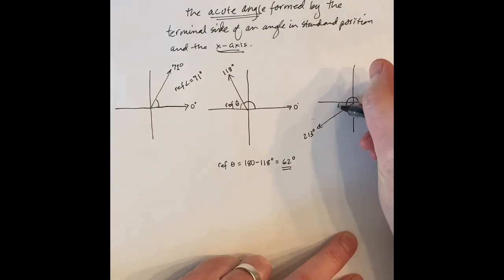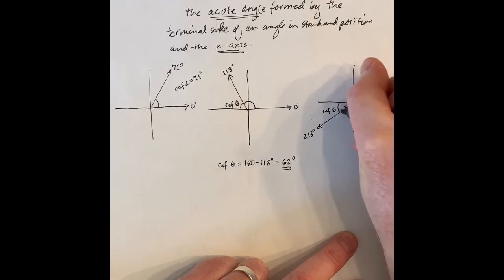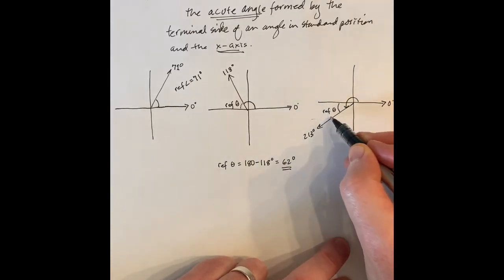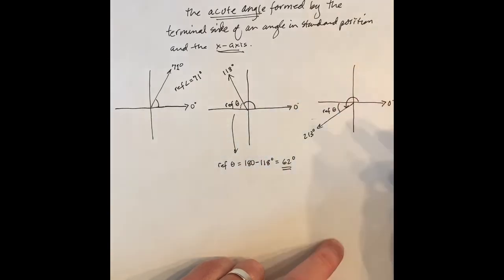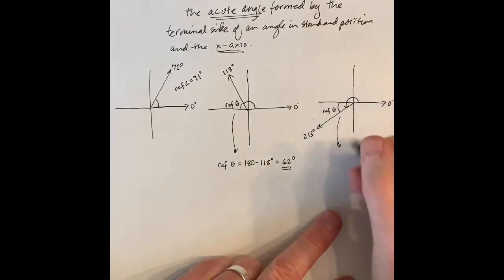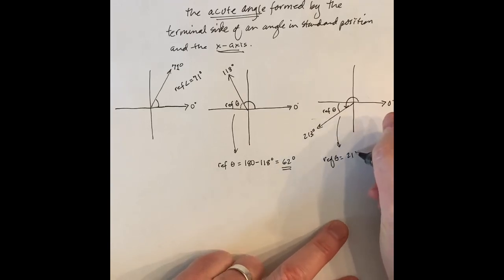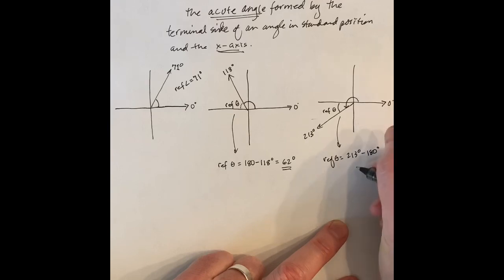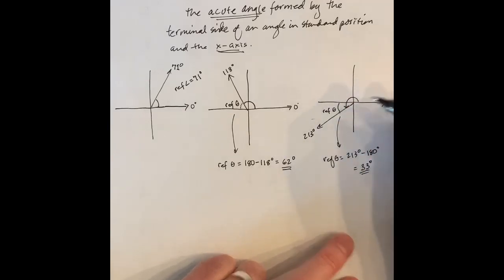So that would be this angle right here. So how do I find that reference angle right there? Well, if it's 180 to here, and this is at 213, it looks like I went past 180 by 33 degrees. So how do I find a reference angle in the third quadrant? Well, I'm just going to take that 213, subtract off the 180, and that's going to leave me with 33 degrees. So that little bitty angle right there is 33.